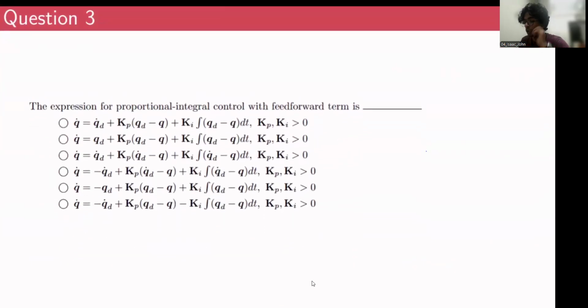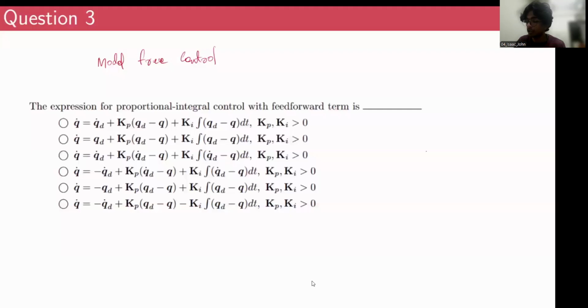Now, moving on to question 3. It says the expression for a proportional integral controller with a feed forward term is. So as we have seen here, there is no term that has attributes from the mathematical model. So in that regard, you can call this a model free control, because there is no Jacobian matrix, there is no mass matrix.